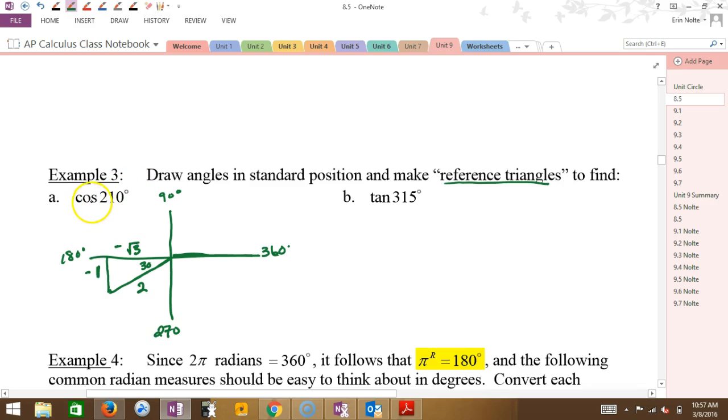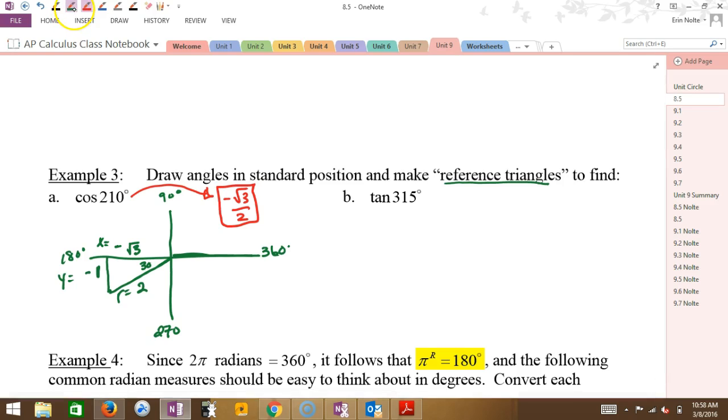So I can now think of my x value as negative square root of 3, my y value is negative 1, my r value is 2, and cosine is x over r, so my ratio will be negative square root of 3 over 2. That's all you're doing there.